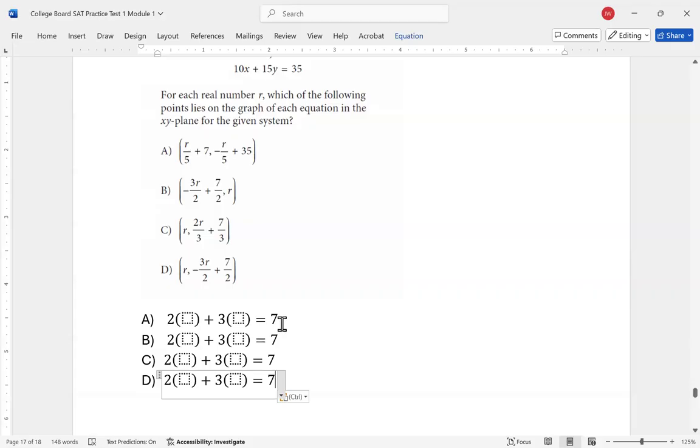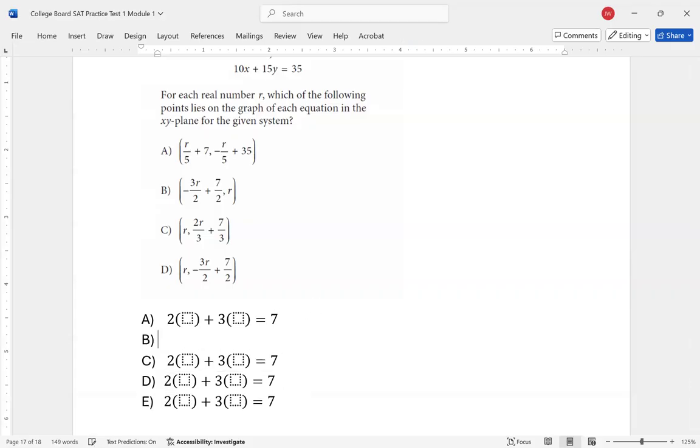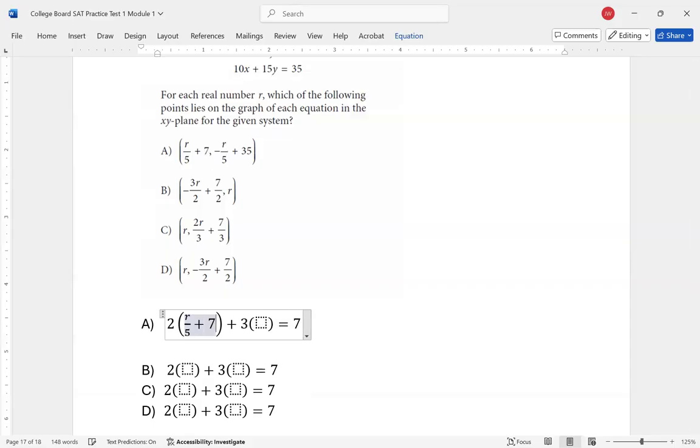Do it very thorough today. So for this first option, in for the x value, we're going to put in r over 5 plus 7. In for the y value, we're going to put in negative r over 5 plus 35. And then we're going to simplify that.